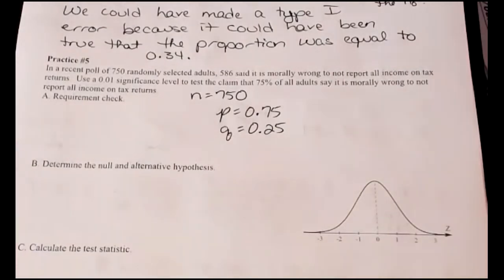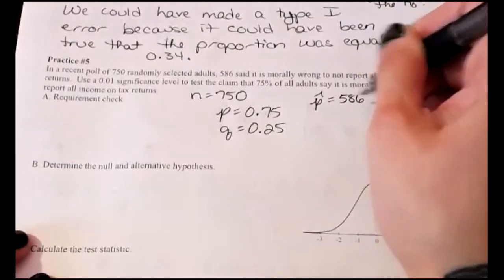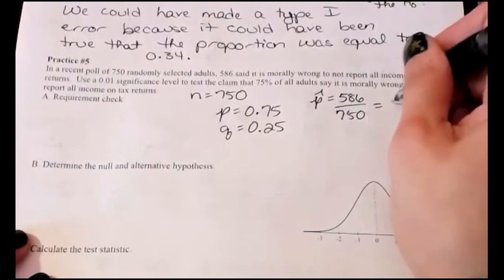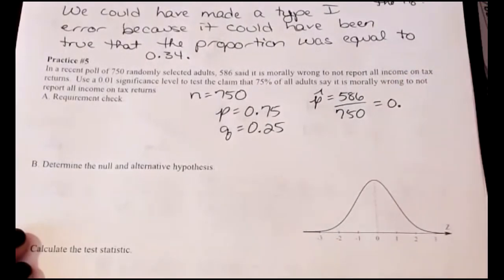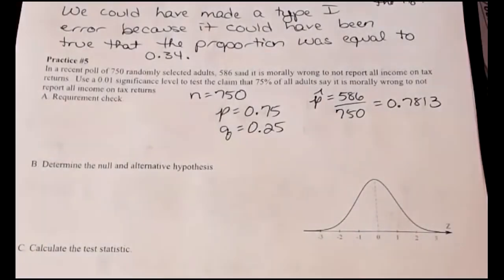Sam, give me another piece of information. P hat is 586 over 750. Yes, which is what decimal value to 4 places? 0.7813. Love it. And we need one more piece of information. Ava, give me one more piece of info that we see from this word problem.